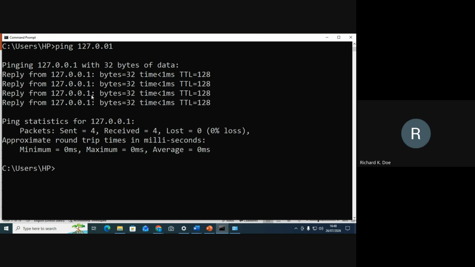Is that okay, Prince? Yours is okay, but when I tried on my machine, it says ping is not recognized as an internal or external command. Did you type PING? Did you look at it carefully? Yes, please. And do you leave a space between ping and the IP address?